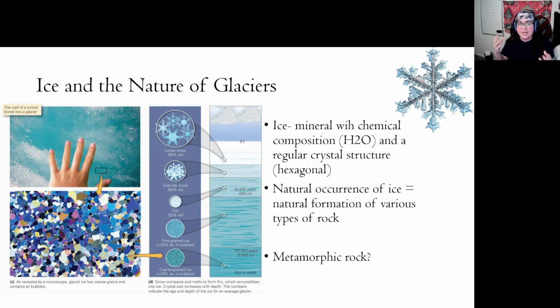Metamorphic rocks tend to be put under a lot of pressure and temperature, and the same thing happens with ice. We start out with very loose snow, and eventually the accumulation of more snow increases the pressure, which then recrystallizes the ice beneath, which is the same thing that happens in a lot of metamorphic rocks.